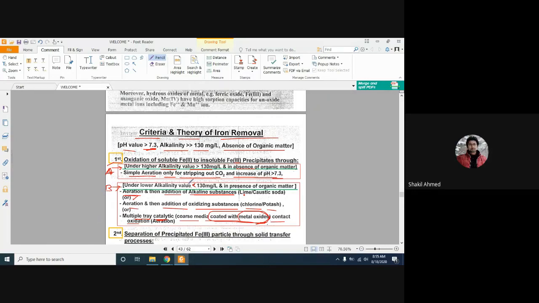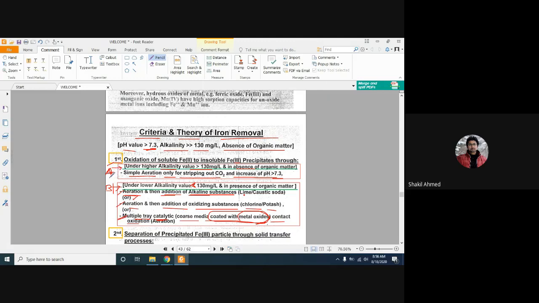Yes, sir. If your alkalinity value is low, then to expedite the reaction rate, you can use this process, multiple tray catalytic contact oxidation, or you can add alkaline substances because your alkalinity value is low, or you can use chemical oxidation. So this is for condition B: you can use this, this, or this.